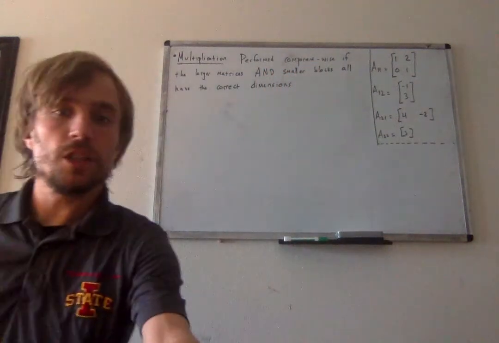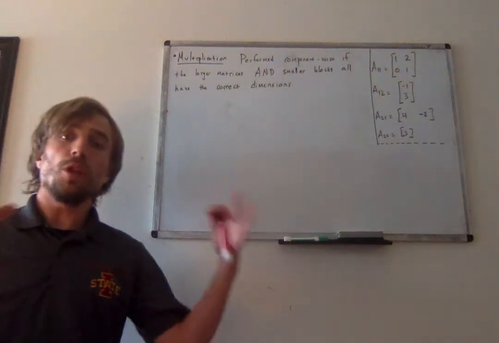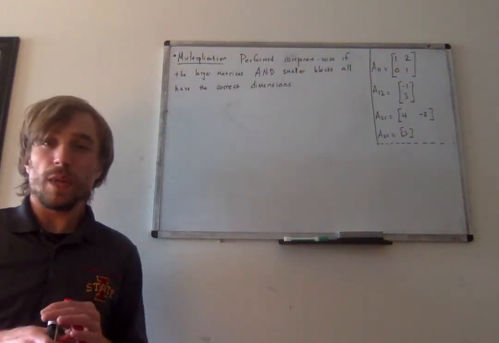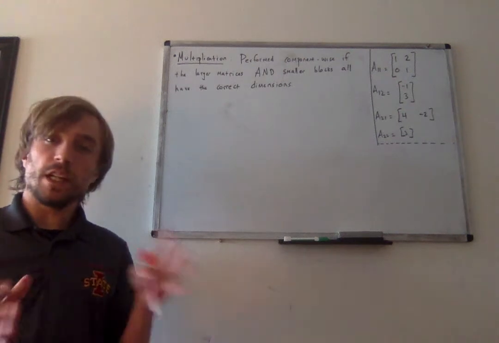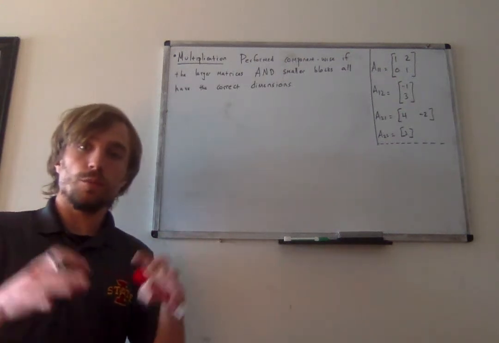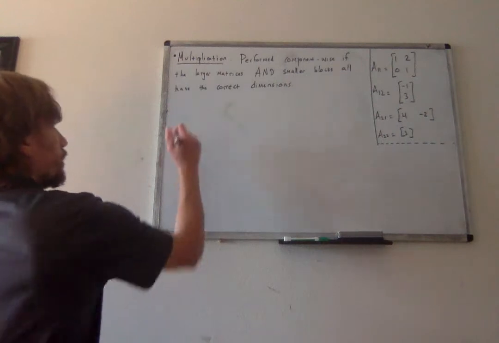Multiplication is going to be done the exact same way. We're going to treat the block matrices sort of as normal matrices, multiply like we would, but then we have to do a second level of multiplication of the individual blocks.